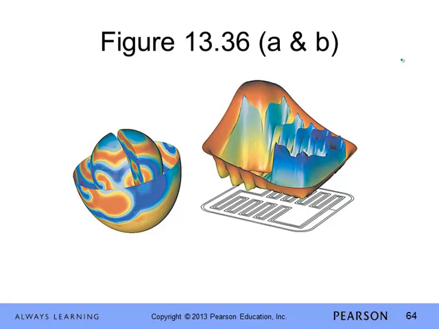That's one way of visualizing what a 4-dimensional graph would look like, where you have different colors at the different locations in space. All right. So anyway, that's it for that.